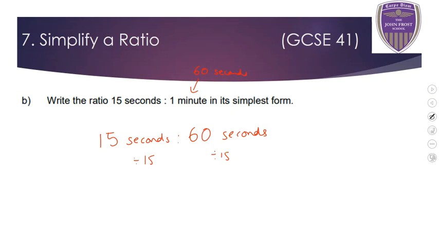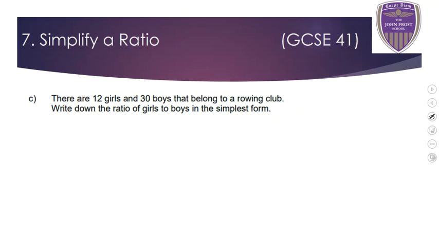So if we divide by 15, that would be 1 second to 4 seconds. But if you divide it by 5 first, then you would have got 3 to 12, and then you can divide 3 and 12 by 3, you would still get 1 to 4, hopefully. So that is that one.